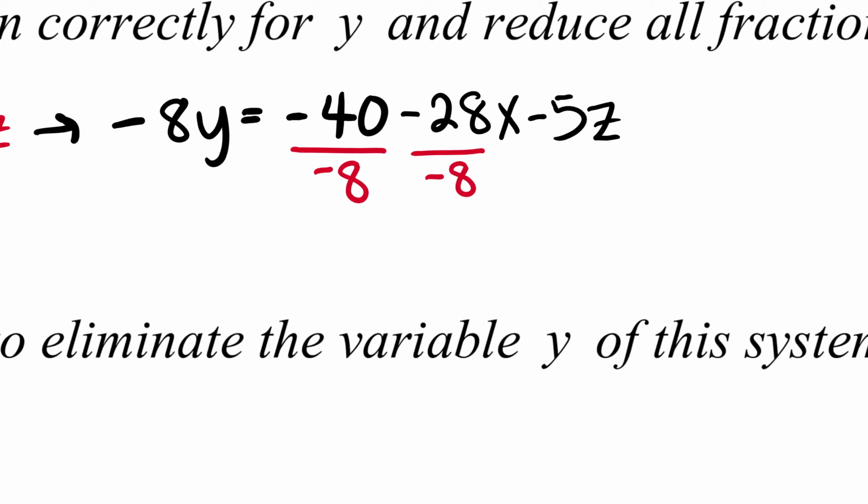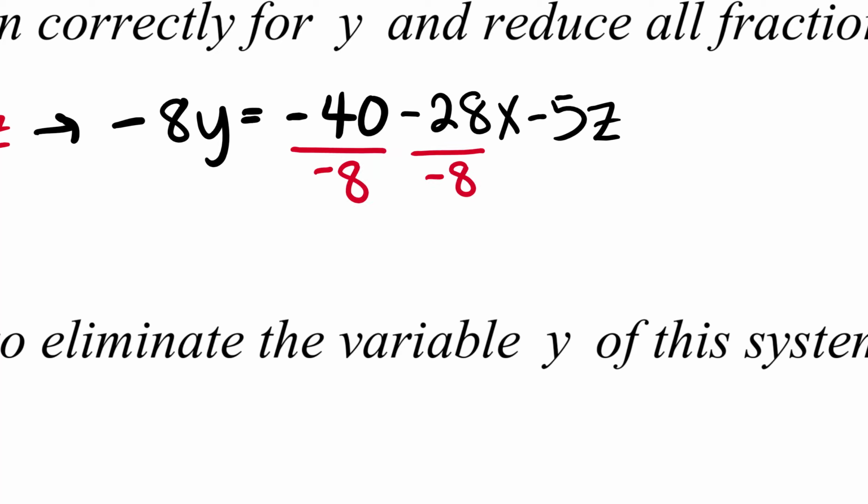And then now I have to reduce anything that I can. Okay, so that leaves me with just y equals, that's what I want. I'm solving for y. So on the test it'll say solve for x, y, or z. So whichever one it tells you, that's all you got to solve for and you're done.